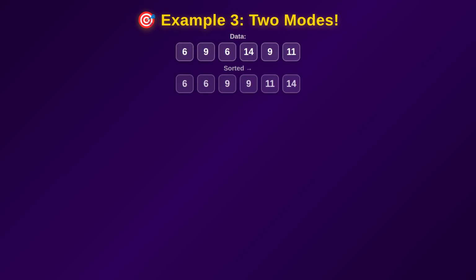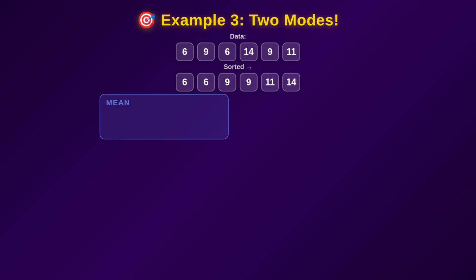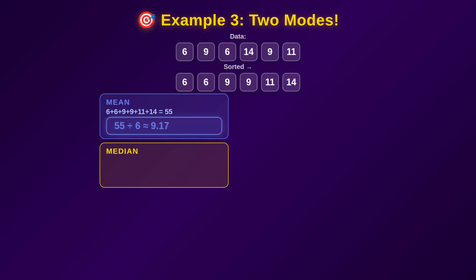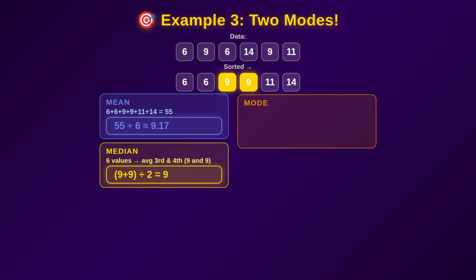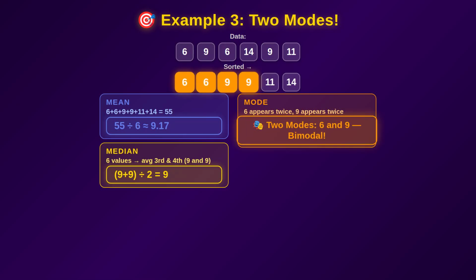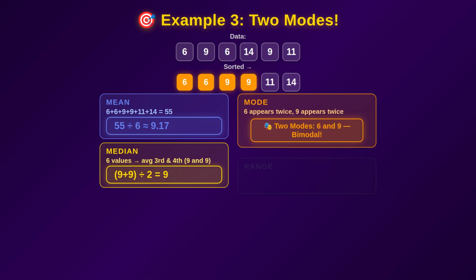Now Maya discovers something surprising. Data can have two modes. Look at the set: 6, 9, 6, 14, 9, 11. Sorted: 6, 6, 9, 9, 11, 14. Mean: 6 plus 6 is 12, plus 9 is 21, plus 9 is 30, plus 11 is 41, plus 14 is 55.